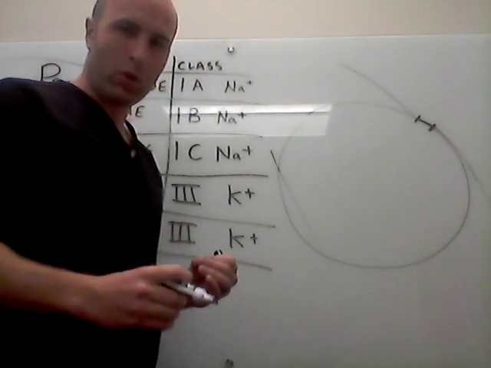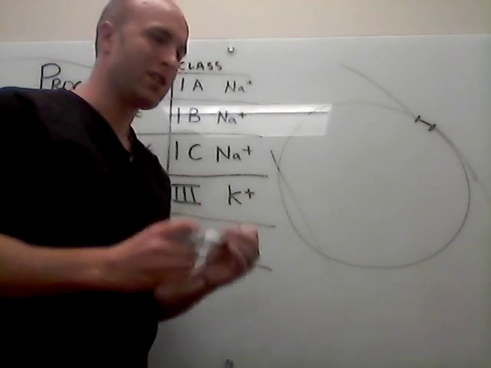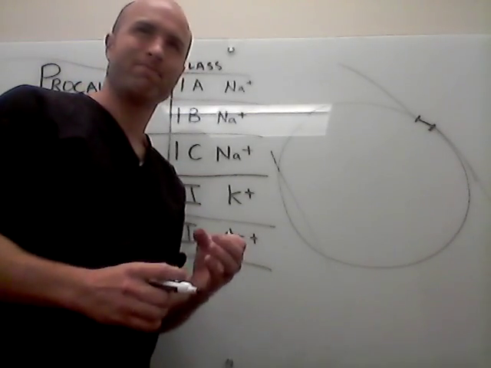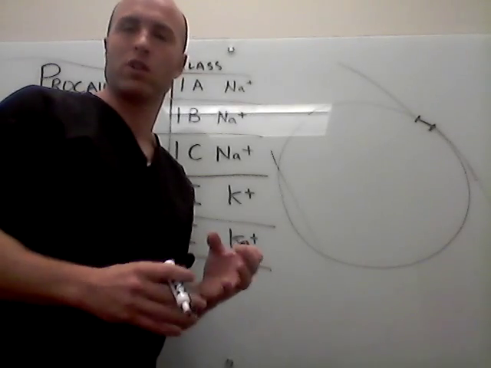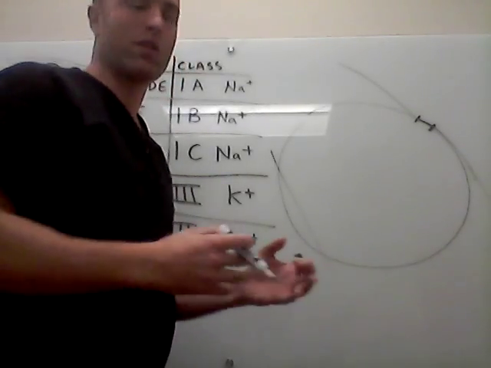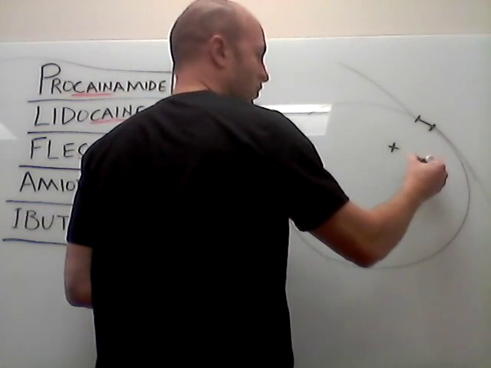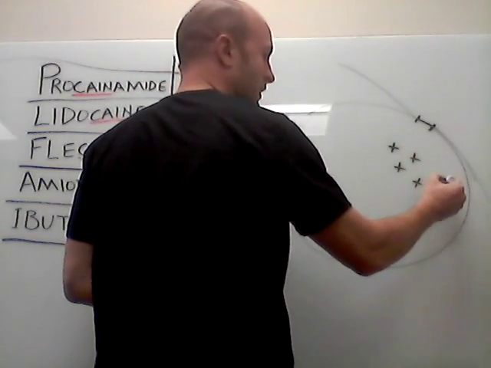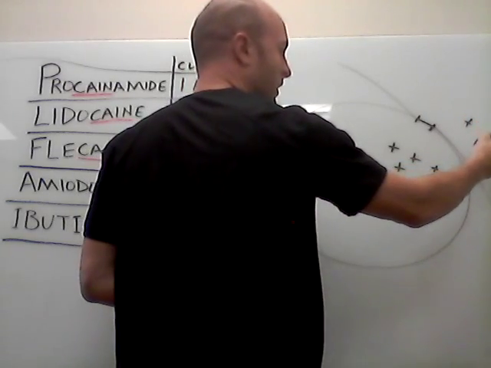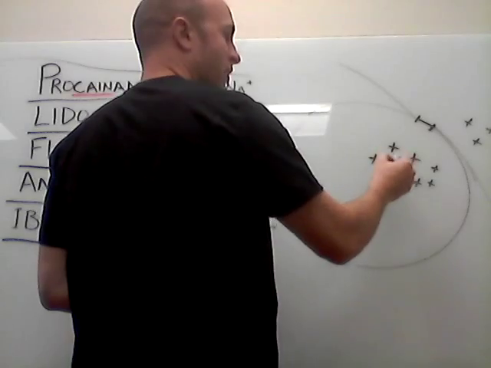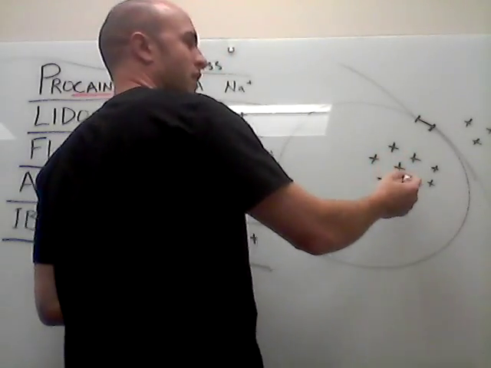Now, what determines the voltage? The voltage is the difference in positive charge and negative charge between the outside of the cell versus the inside. So let's say here you've got lots of positively charged ions inside and only a couple of positively charged ones on the outside. There's going to be a higher positive charge here than out there.